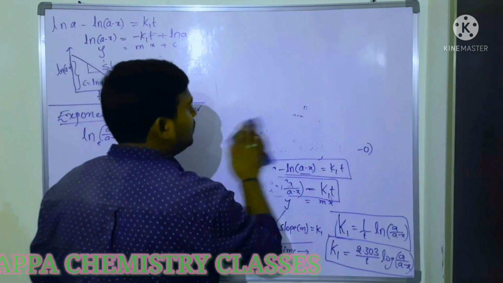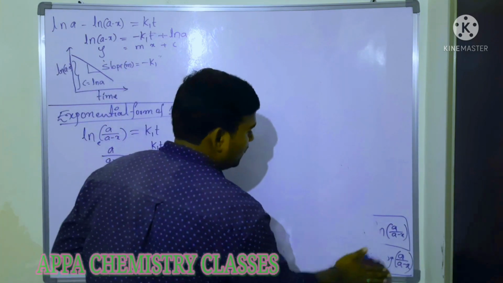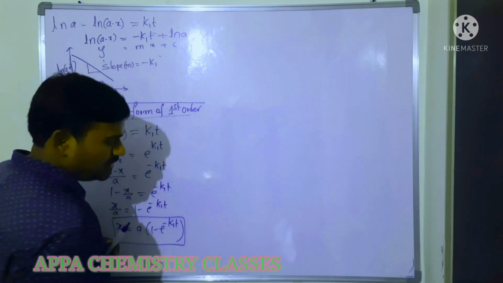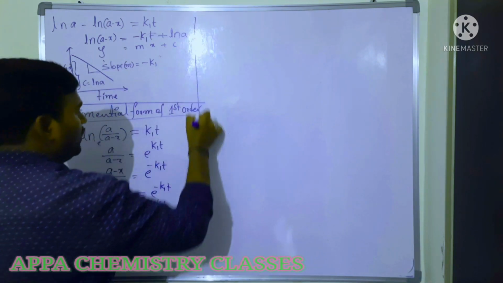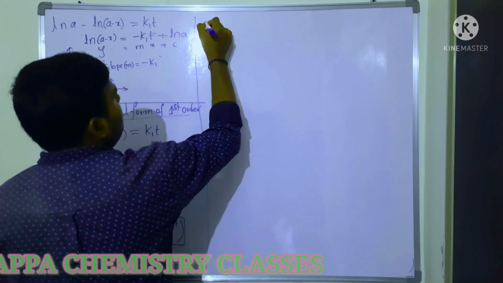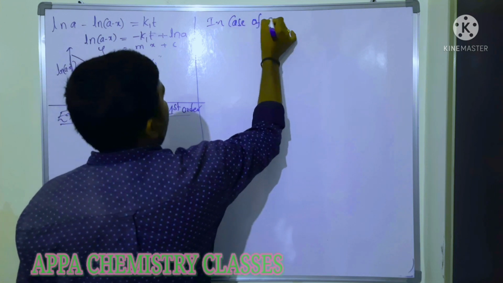Next we are going to see the case where the reactants are present in the gaseous state. How do we calculate the rate constant in terms of a gaseous reactant? Now, first order in case of gaseous reactant.